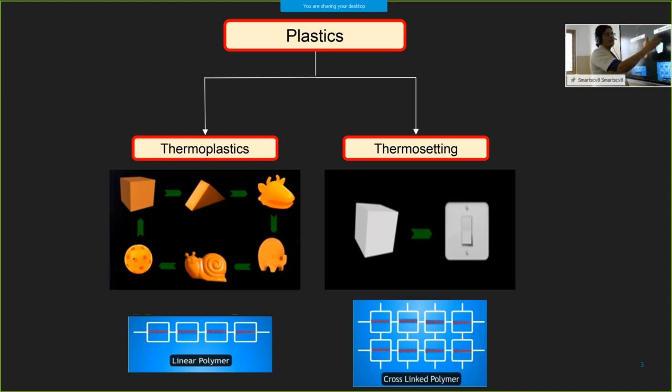Now on the other hand, there is another type of plastic, that is thermosetting plastic. Now look at this. Once you heat and make an article, then that cannot be heated or melted a second time. Such plastics are called thermosetting plastics. Once set, they cannot be heated again and remolded or reshaped a second time.